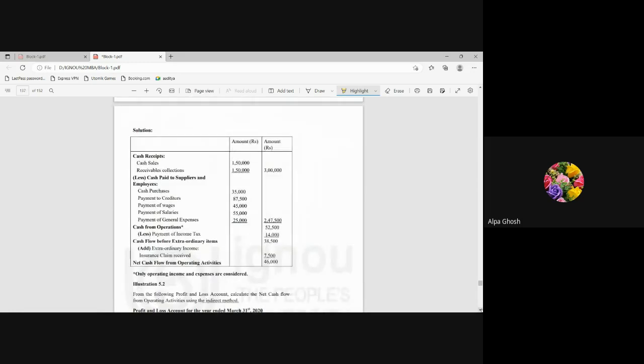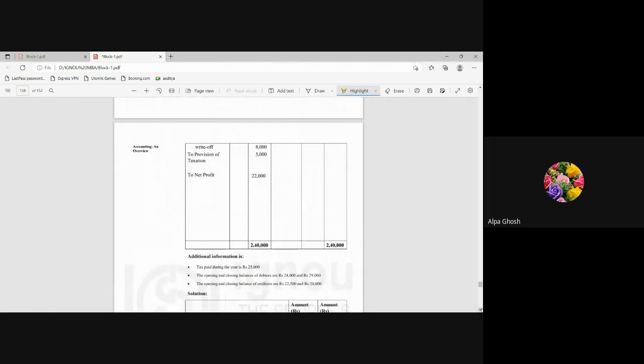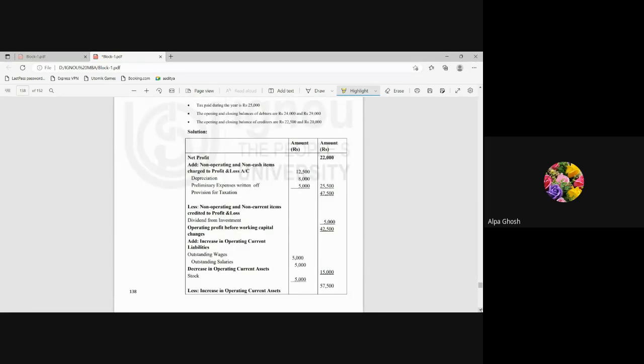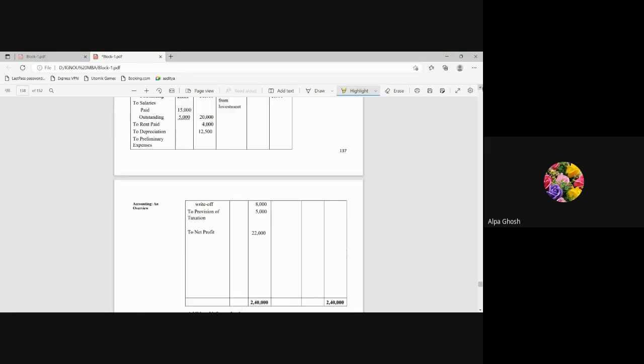Next comes cash flow from investing activities and cash flow from financing activities. So for financing and investing, only 2 or 3 entries we make. If we talk about investing, all the transactions for which we make payments. Investment means your asset.